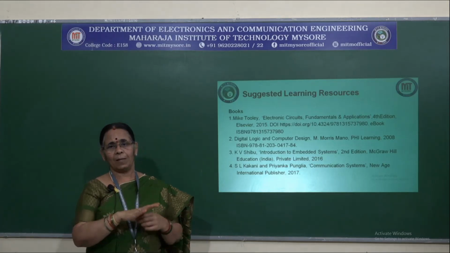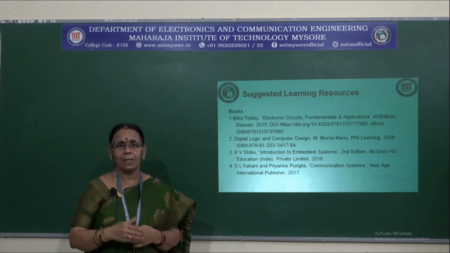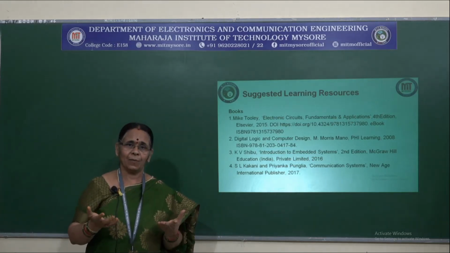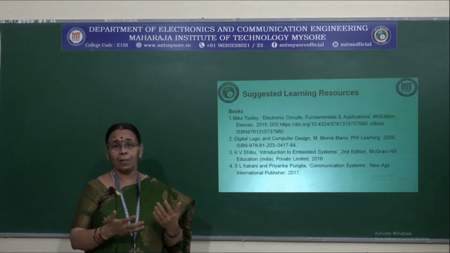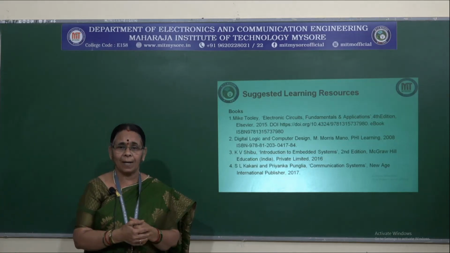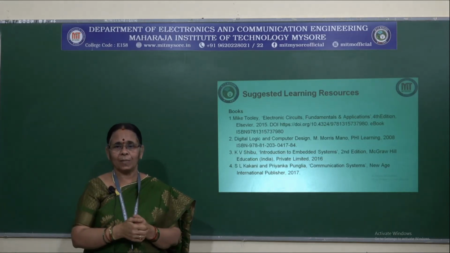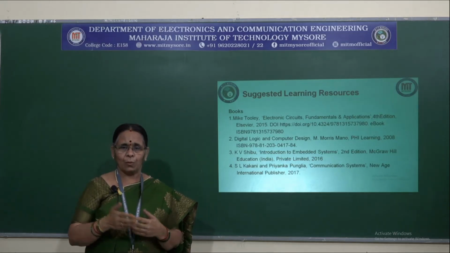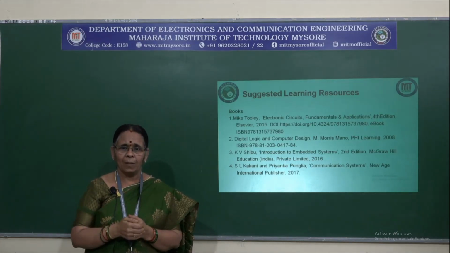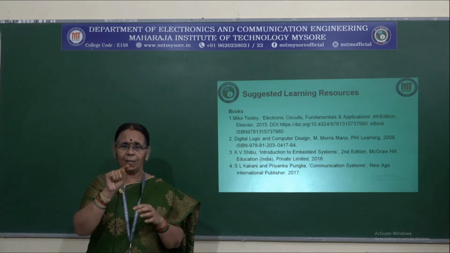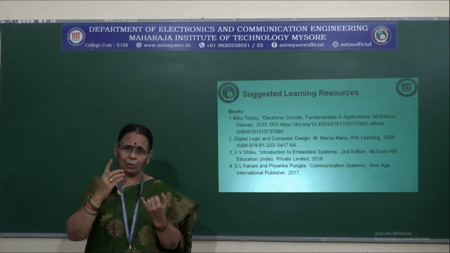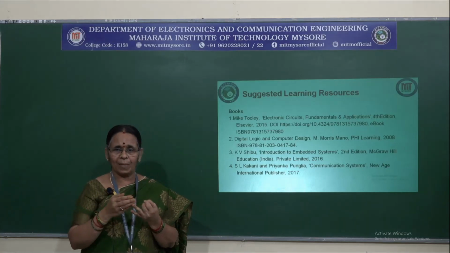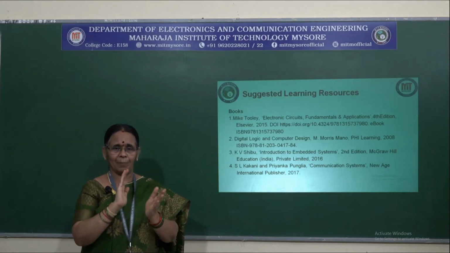Once we have explained the detailed syllabus and the course outcomes, the next important thing is which books you have to refer to, or which learning resources we have. Here we are going to suggest a few learning resources, one amongst them being books. For the book, you should first have the title followed by the author, but here it is slightly misplaced.